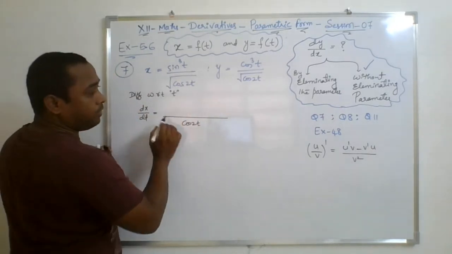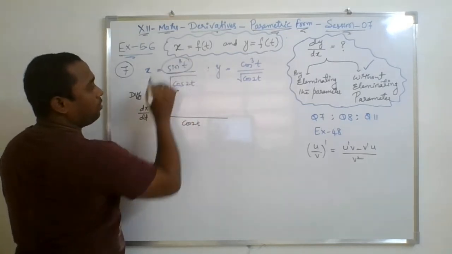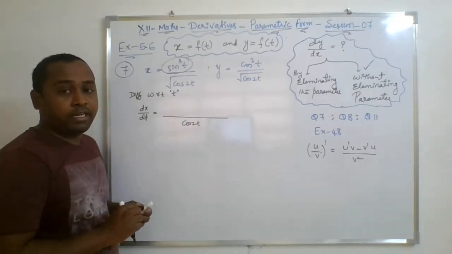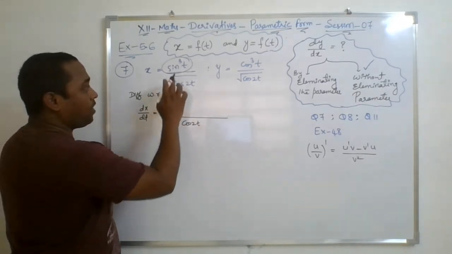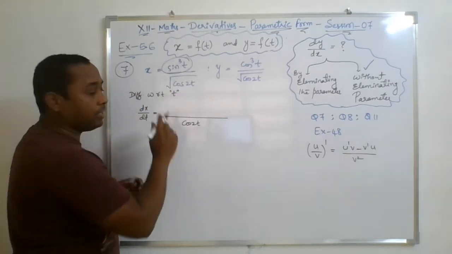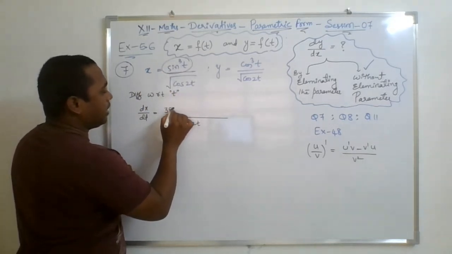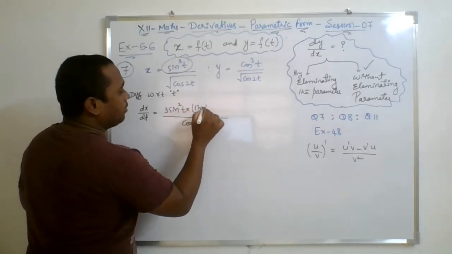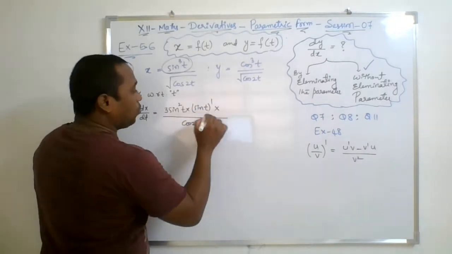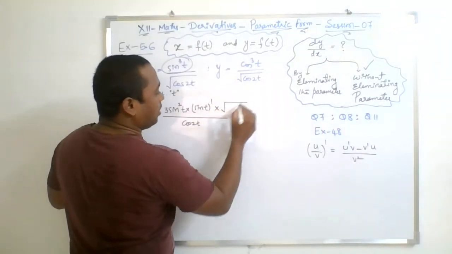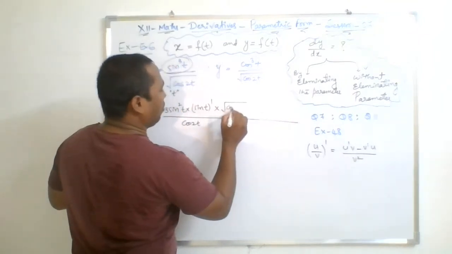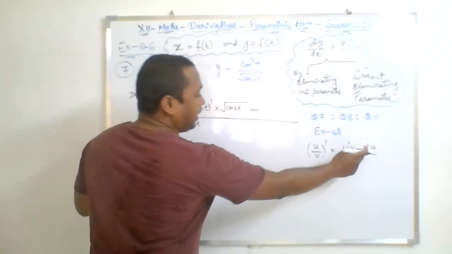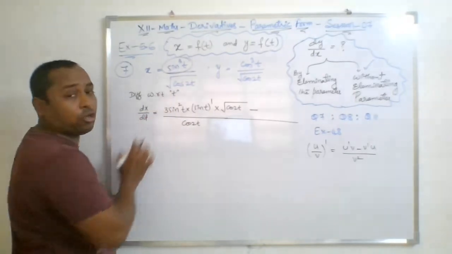Now go with the derivative u dash. U dash means the derivative of this sine cube t in the form of x cube. The derivative of x cube is 3x square. So we are going to use the chain rule to do the derivative of this function. Directly I am writing here 3 sine square t into the derivative of sine t, into v, which means under root of cos 2t, minus v dash, which means the derivative of the denominator.